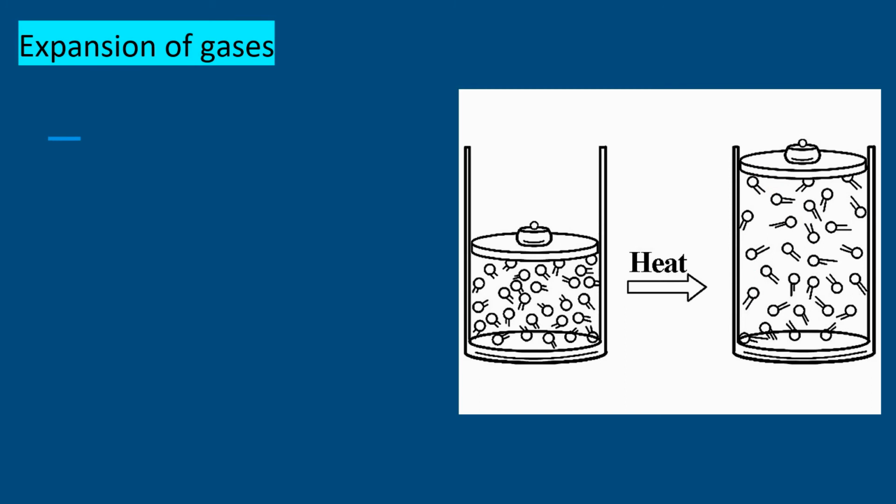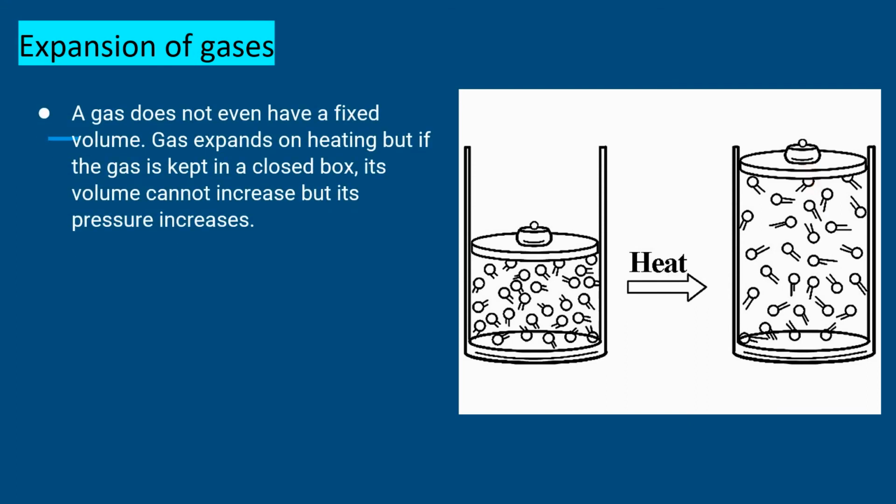So using the formula density is equal to mass upon volume, we can explain the effect on gas if it is kept in a closed bottle. But if the bottle is not closed and it has a movable piston, clearly we saw that the piston moves ahead. Therefore, the expansion of gas is measured by keeping its pressure constant.